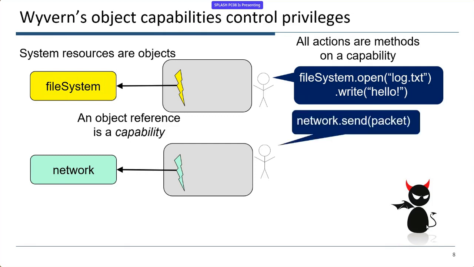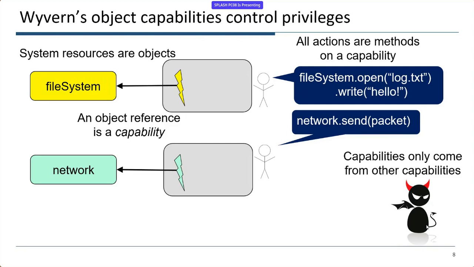We can call network.sendPacket. These are examples, but they're very simple. It's nice to see this analogy between objects and capabilities, right? Because I think the object-oriented model is a very natural model. If you want to do anything on a capability, you call a method on it, which is the standard way of dealing with objects.